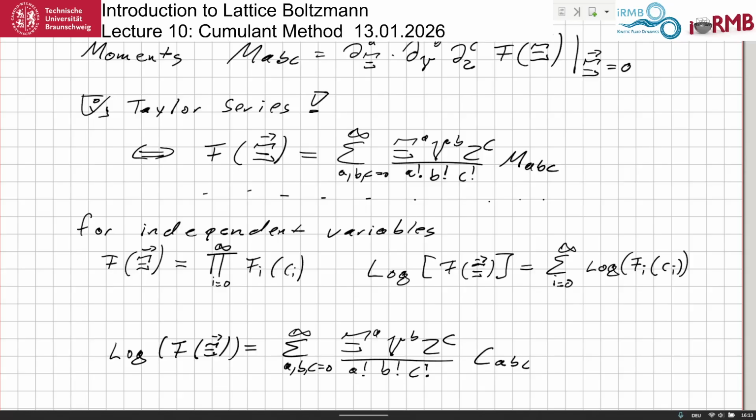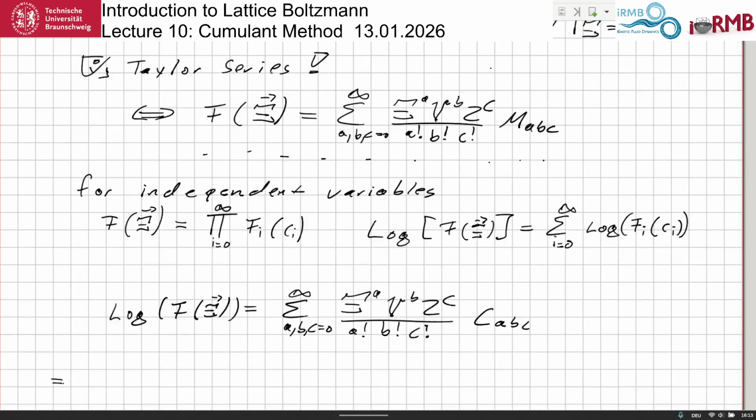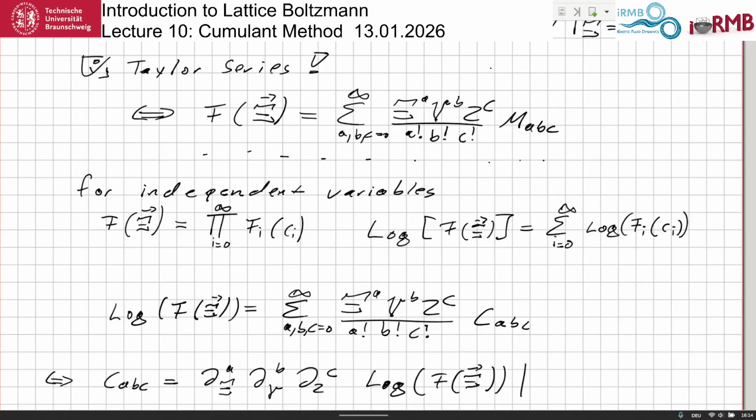So if this is how we would do the Taylor series, then going back, we had this template and we also had this template. If we invert this again, what we end up with is that we can say that C_abc is equal to the derivatives in these three variables of the logarithm of f of xi at position xi equal to 0.